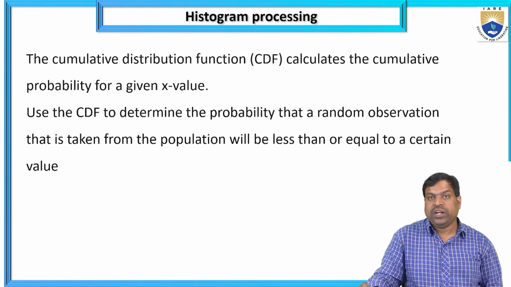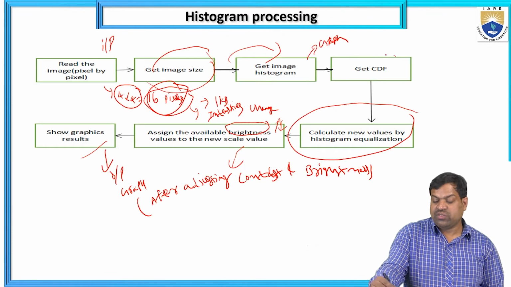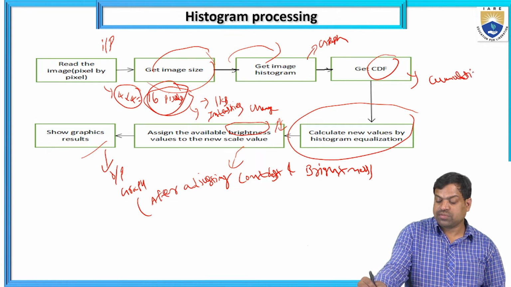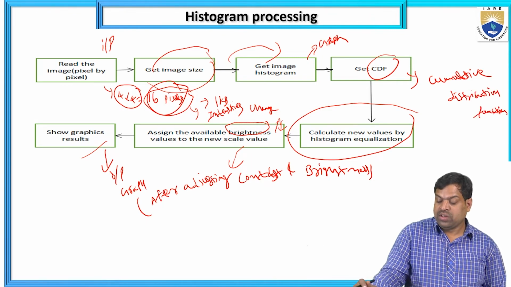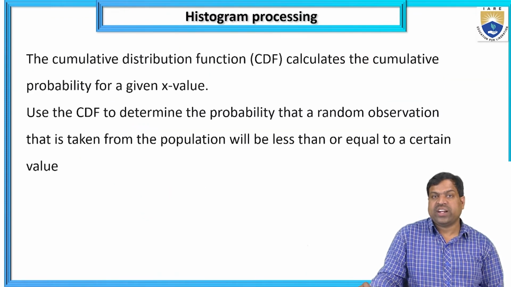So the cumulative distribution function, CDF, calculates the cumulative probability for a given x value. So here the CDF is the cumulative one. What is this cumulative distribution function doing here? It is calculating the probability for the given x values.